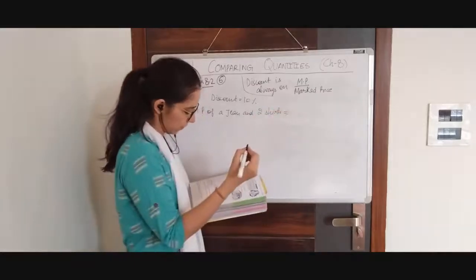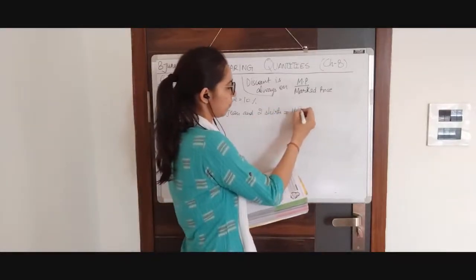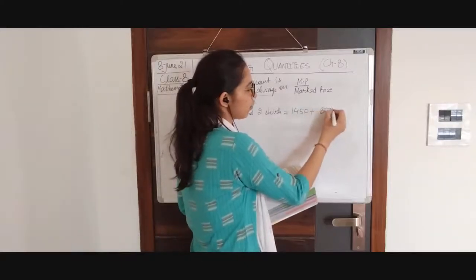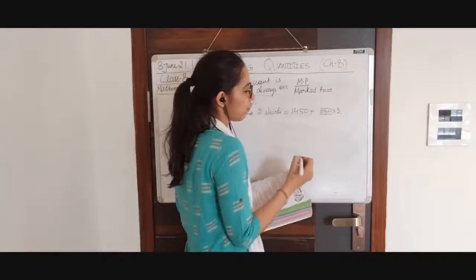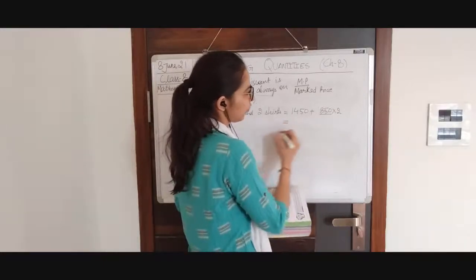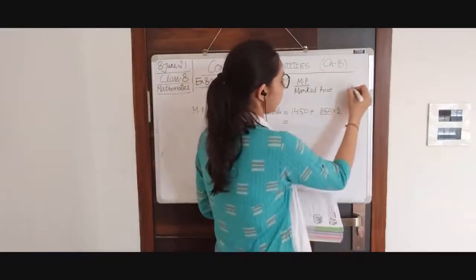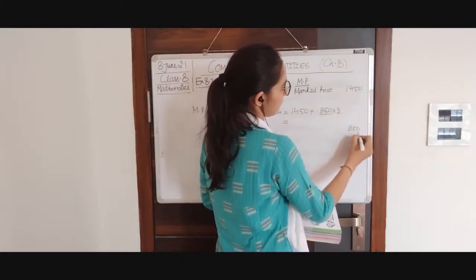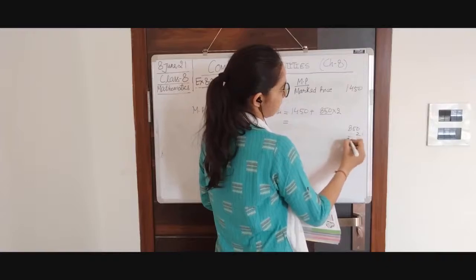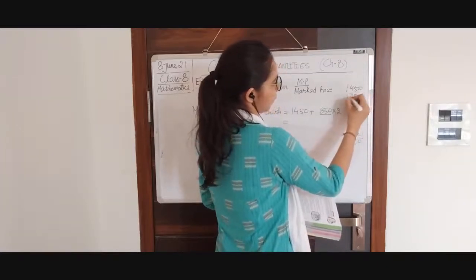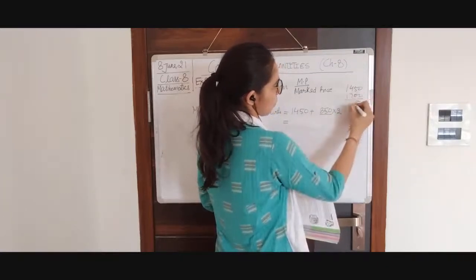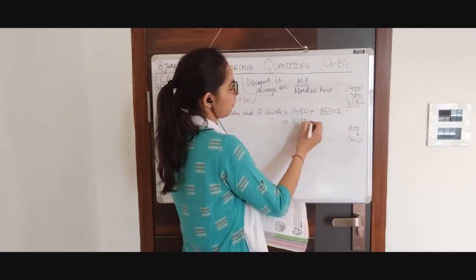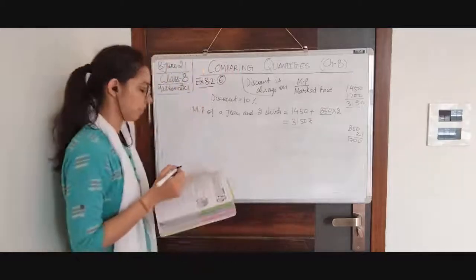mark price of a jean and 2 shirts will be equal to rupees 1450 plus 850 into 2, because it is for 1 shirt, so it will be equal to 1450, 850 into 2, 3150 rupees. ठीक है, this is mark price.